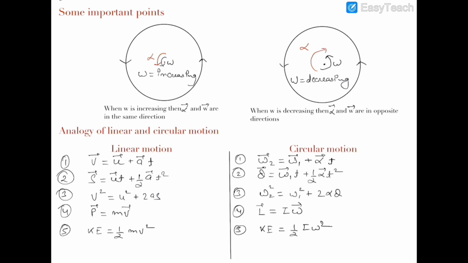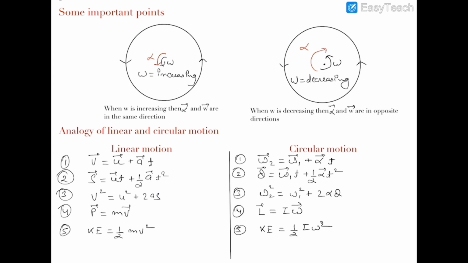And if we are moving in a straight line with a decreasing speed, then our acceleration will be pointing in the opposite direction of the velocity. So if the angular speed is increasing, then the angular acceleration will be in the same direction as omega, the angular velocity. But if the angular speed is decreasing, then the angular acceleration will be in the opposite direction of the angular velocity.